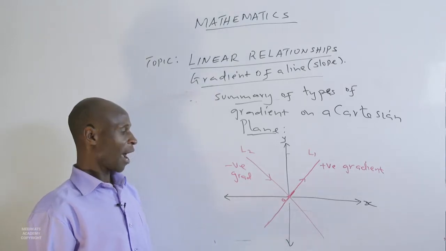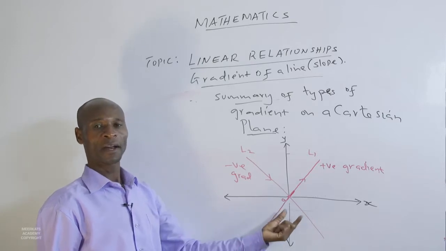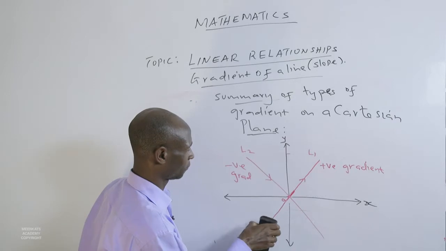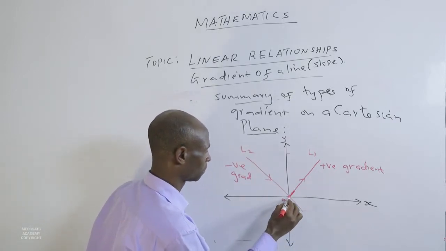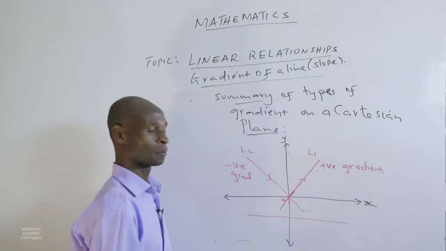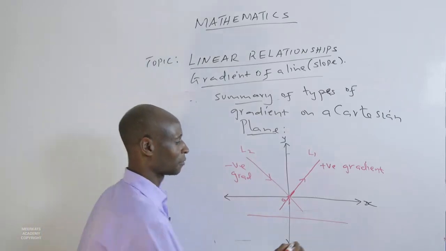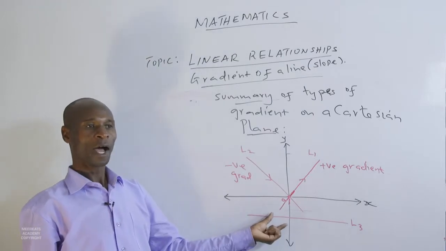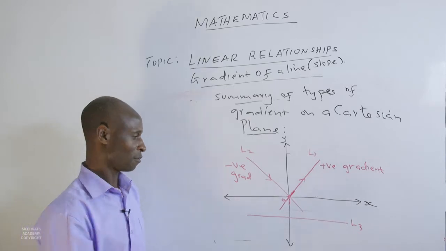Suppose we have another line which is horizontal and parallel to x-axis. This line, line 3, is horizontal and parallel to x-axis. Its gradient is 0.